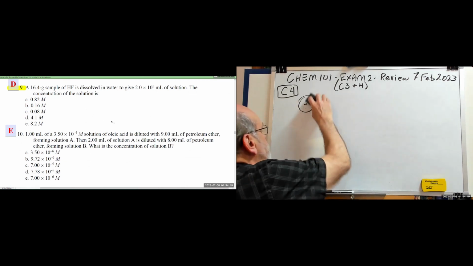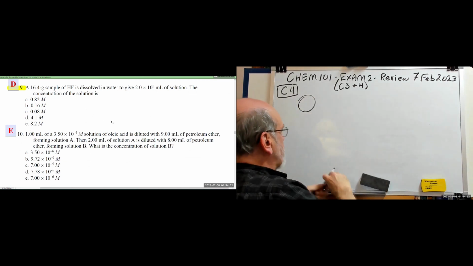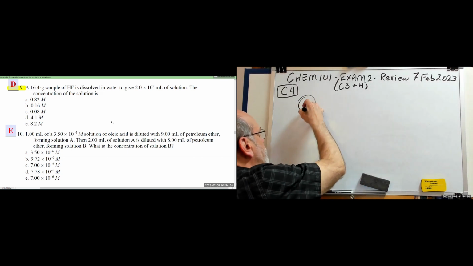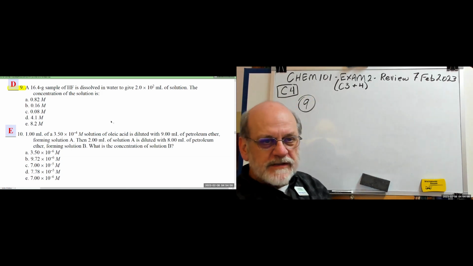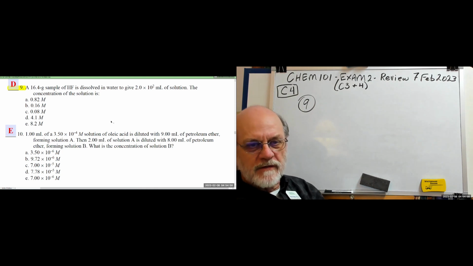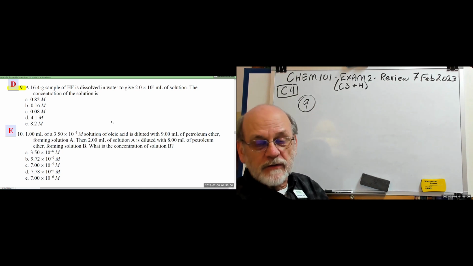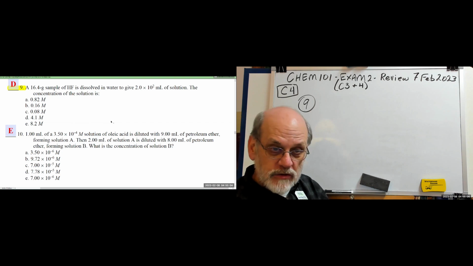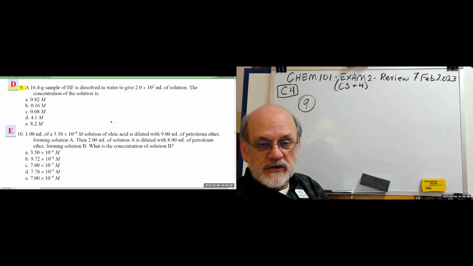All right. Number 9. A 16.4 gram sample of hydrogen fluoride is dissolved in water to give 2 × 10² milliliters of solution. What's the concentration in molarity?